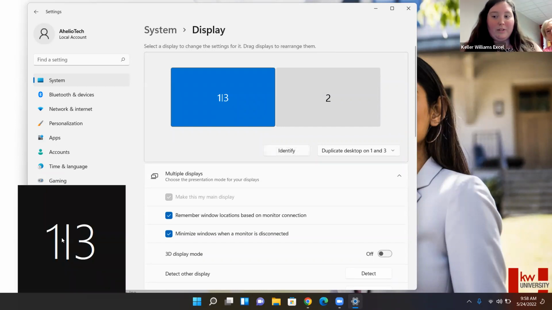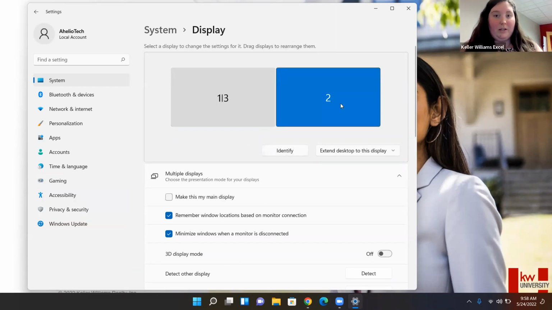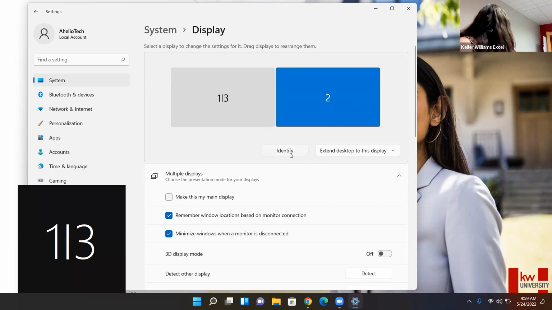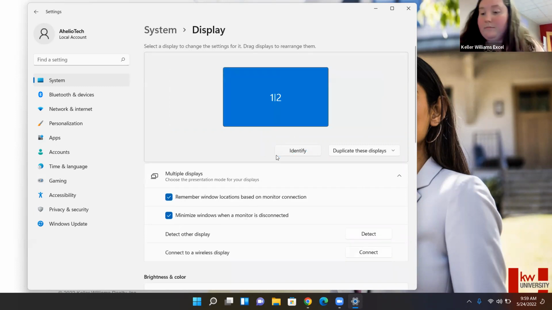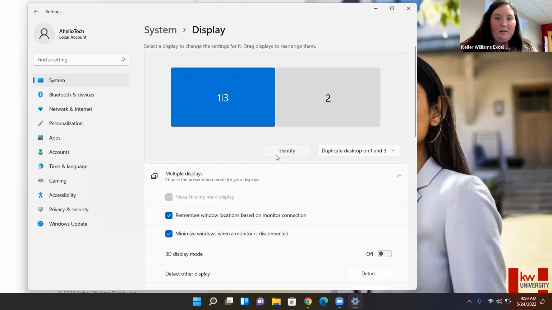Okay, 1/3. That's what it's saying. So that one must be 2. Yep, that one's number 2. I got an idea. Okay. Re-plug in. Yeah, it's still saying that there are 3 screens.